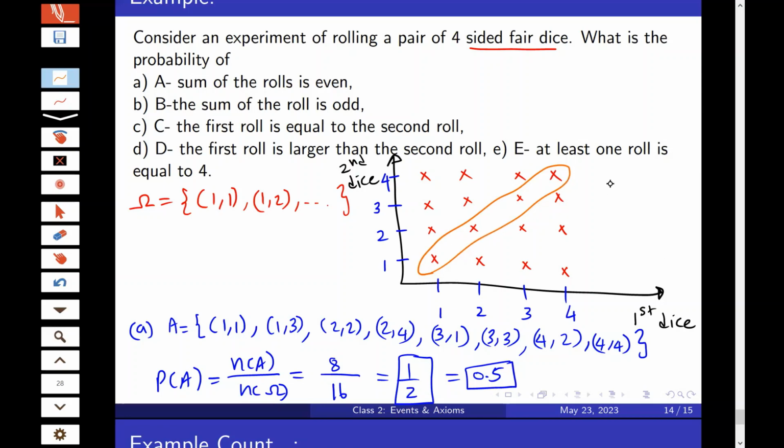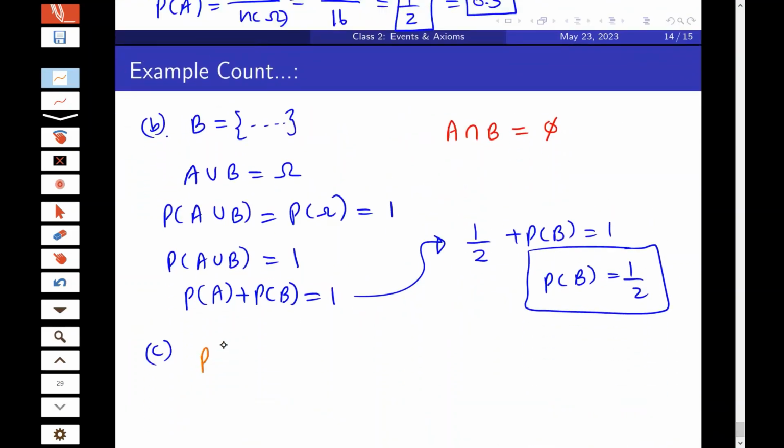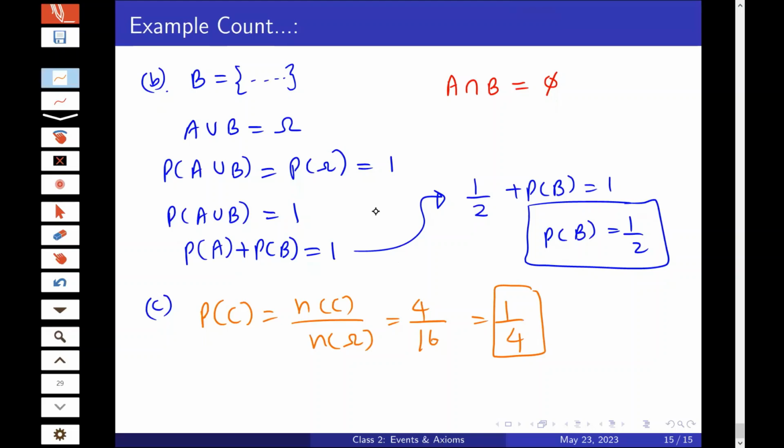So it is 4. This is the event C. So the probability of C is N(C) over N(omega), which is 4 over 16, which is 1/4.